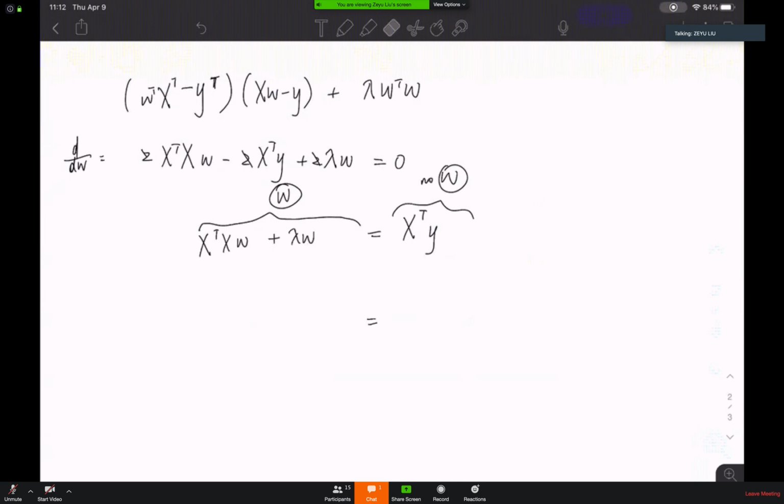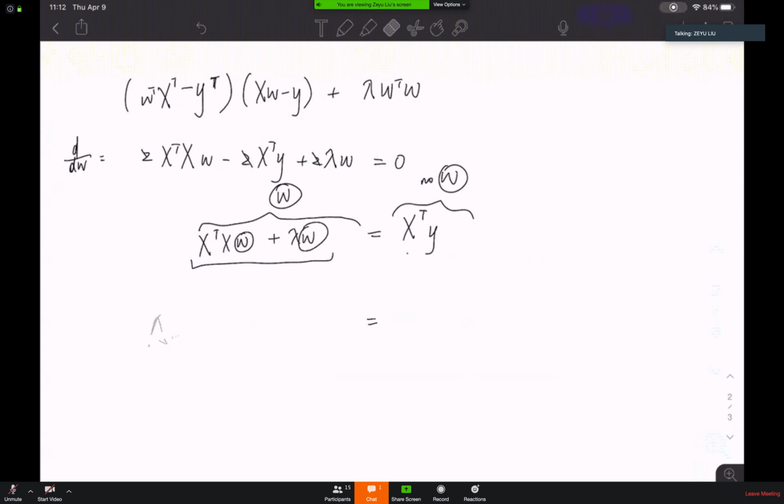And this expression seems weird, because we want to take this out and write it in a form like A times W equals this.